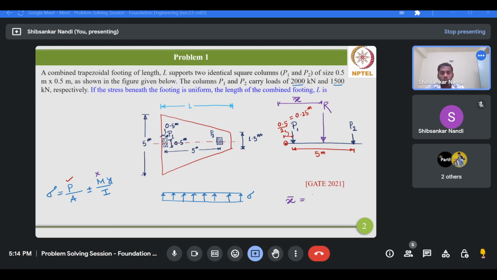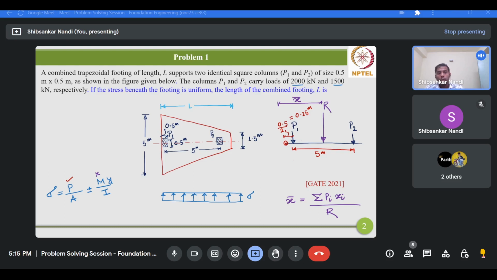So ultimately we'll get this kind of expression. This is the summation of Pi xi, the moments of these two loads P1 and P2 about this point, and this is the moment due to the resultant, R multiplied by x bar.